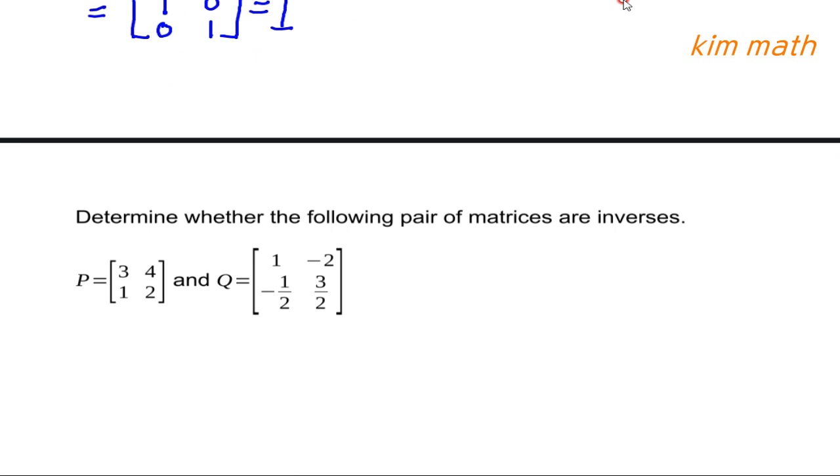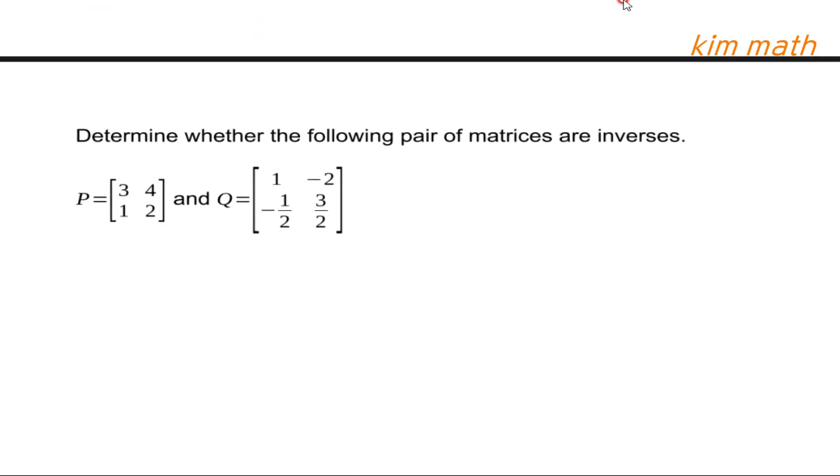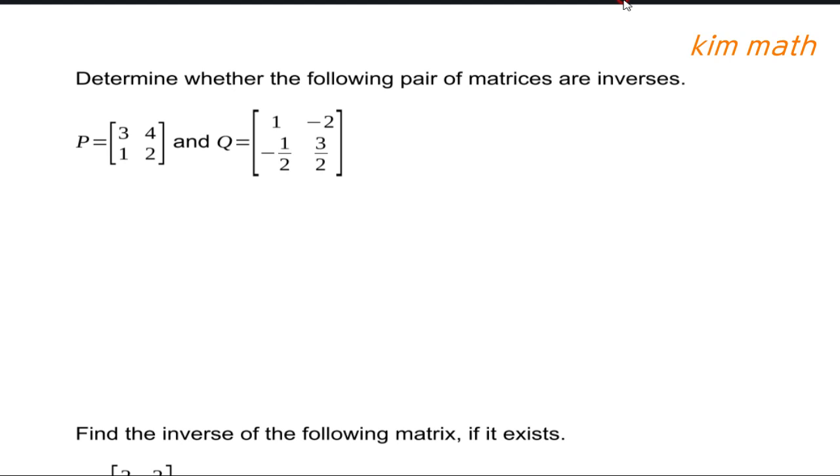Now determine whether the following pair of matrices are inverses. To show this one, we can simply multiply these two matrices, right? I will show you. 3, 4, 1, 2 times 1, negative 2, negative 1 half, 3 over 2.